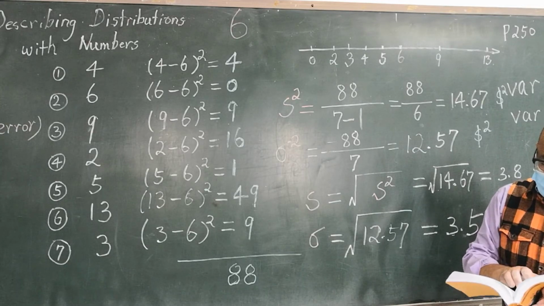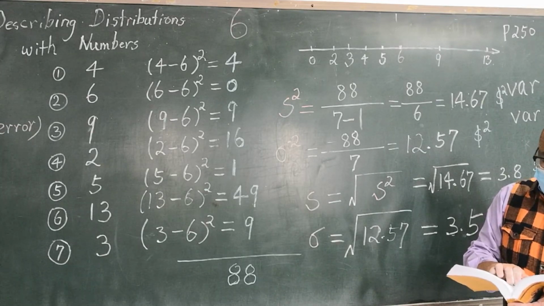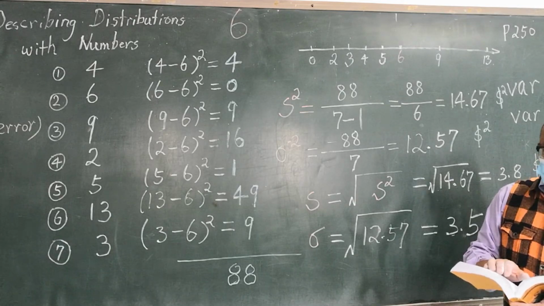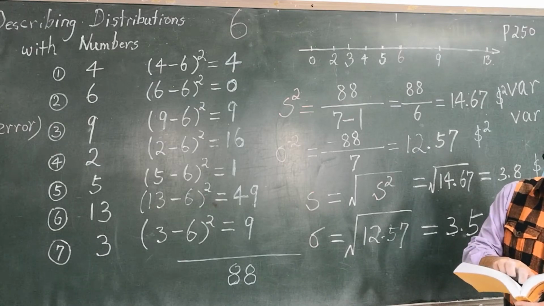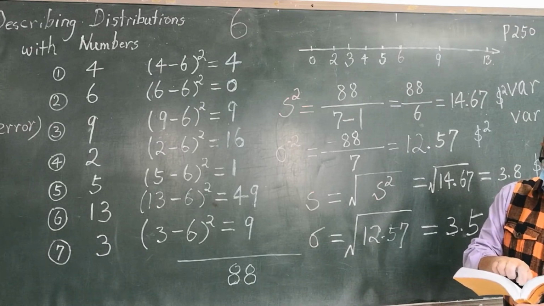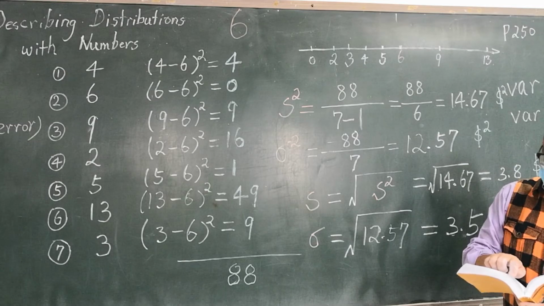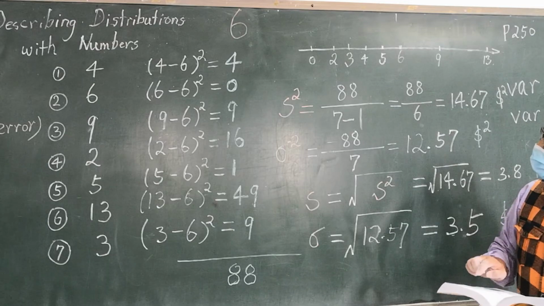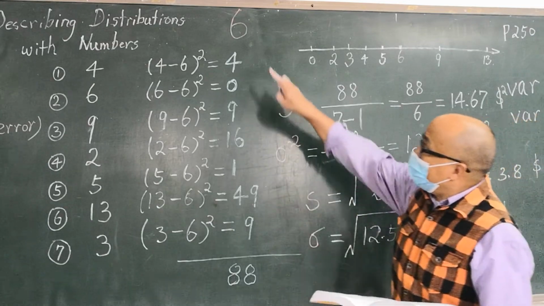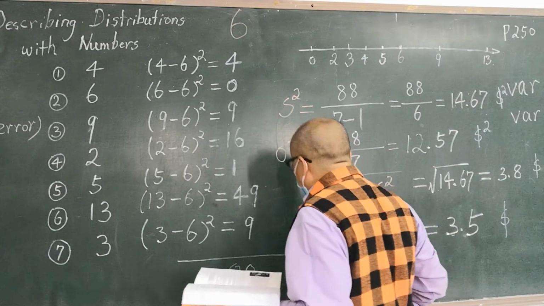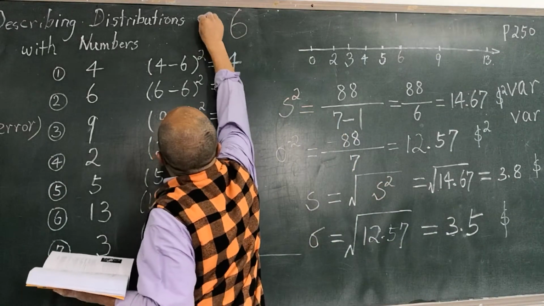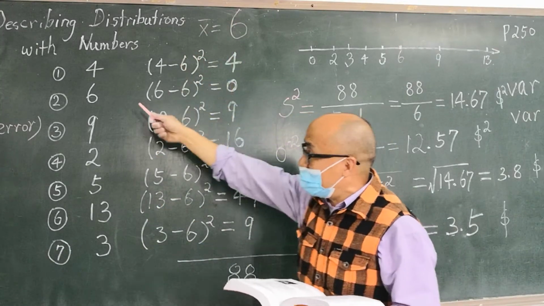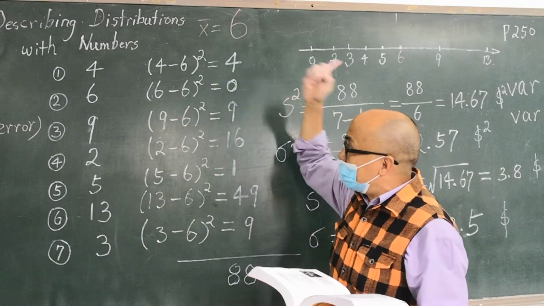And so on page 251, on the first paragraph, spreadsheet or other software to find x bar and s. The mean is x bar. He is talking about a sample.